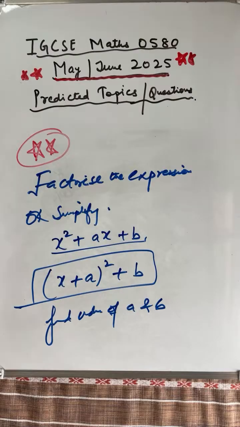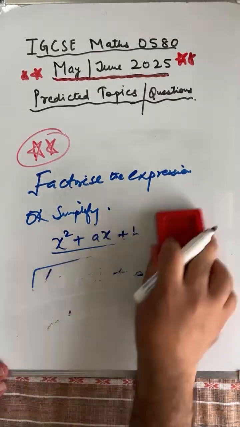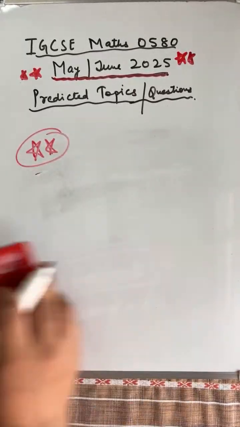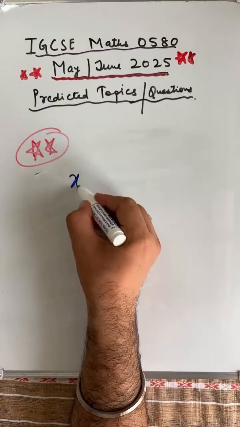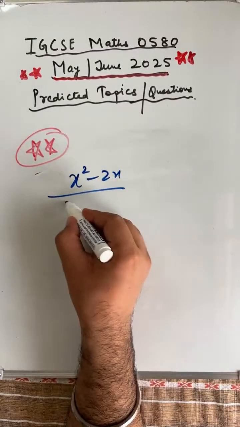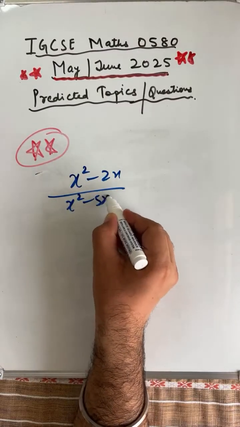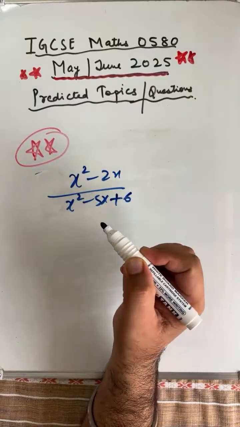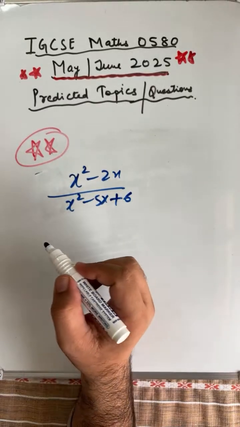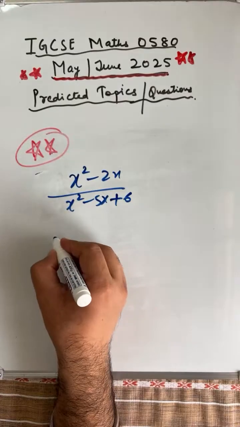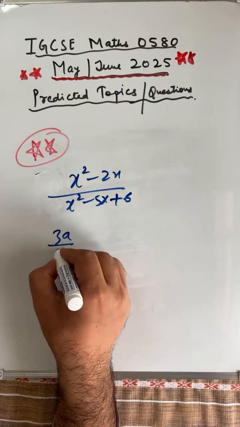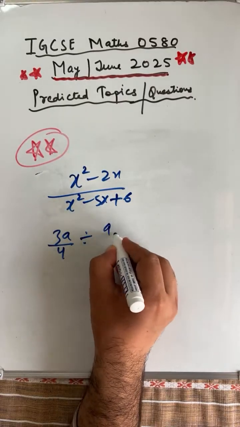Now factorize and simplify a rational expression can be there. Likewise, we have x square minus 2x upon x square minus 5x plus 6. Or we can have 3a upon 4 divided by 9a upon 10.